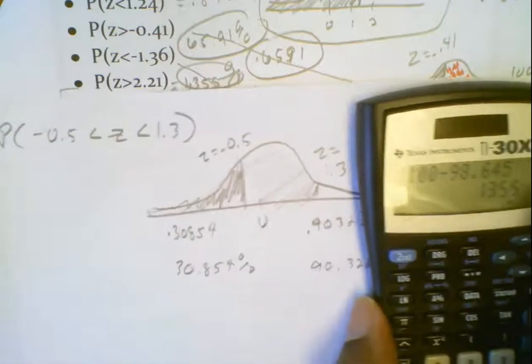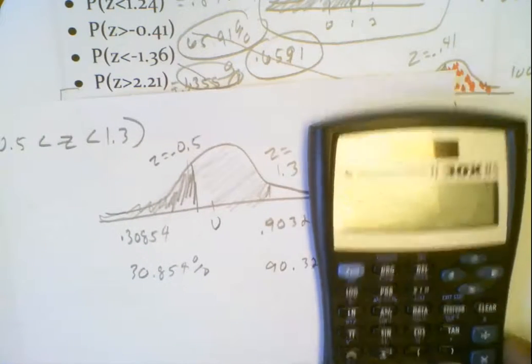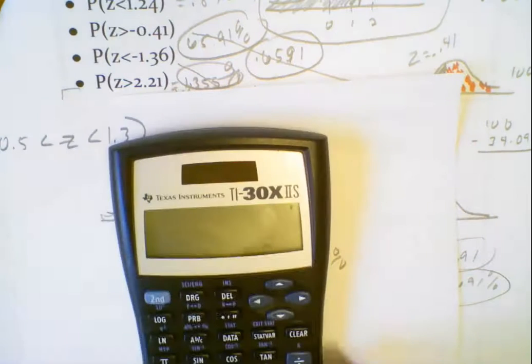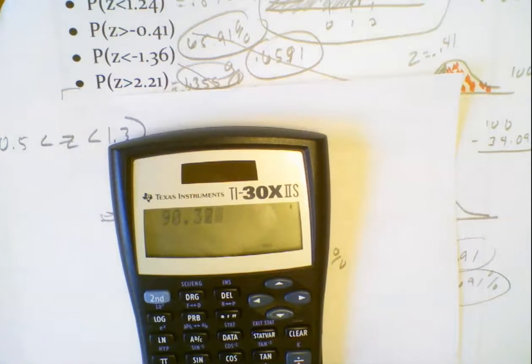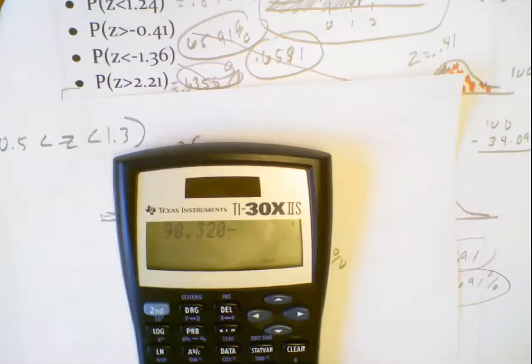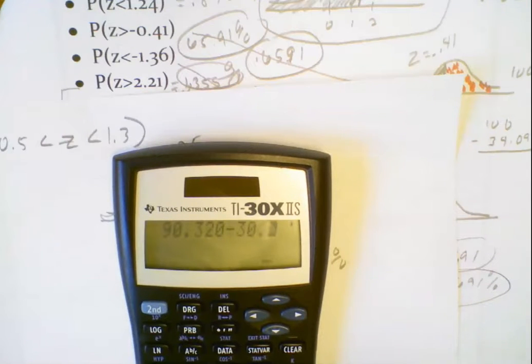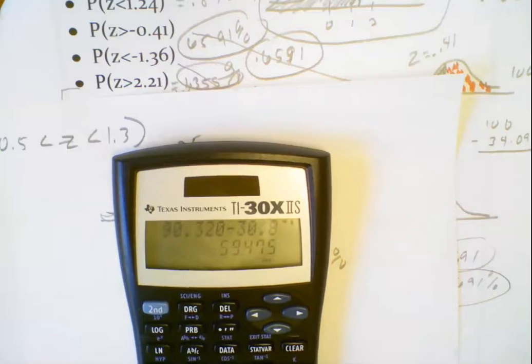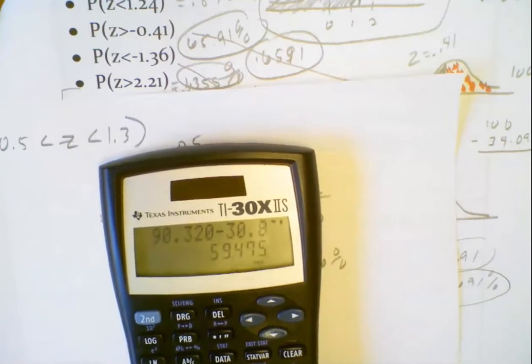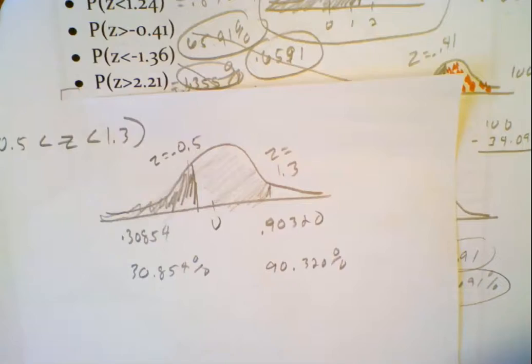So I would take 90.32, take away 30.845, and that gives 59.475.